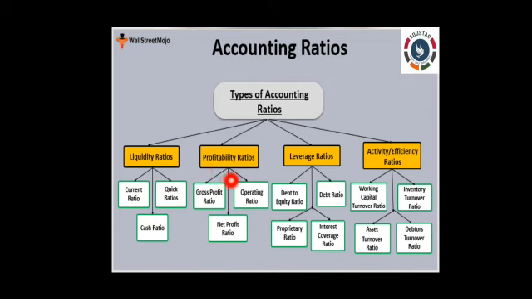Under profitability ratios: gross profit ratio, operating ratio, net profit ratio. Then leverage ratios: debt to equity ratio, debt ratio, proprietary ratio, interest coverage ratio. Under activity or efficiency ratios: working capital turnover, inventory turnover, asset turnover, debtor turnover. Okay, shall we see one by one?